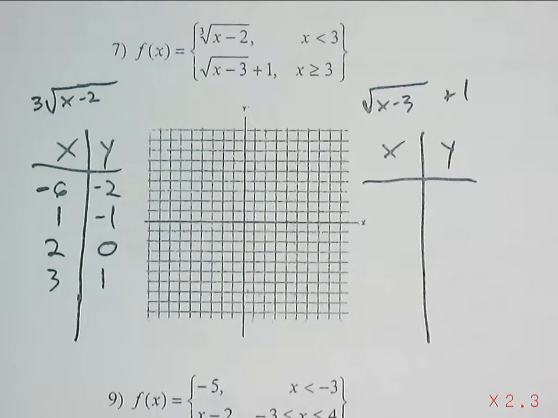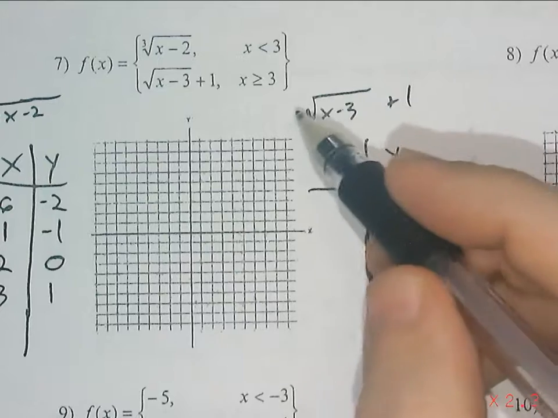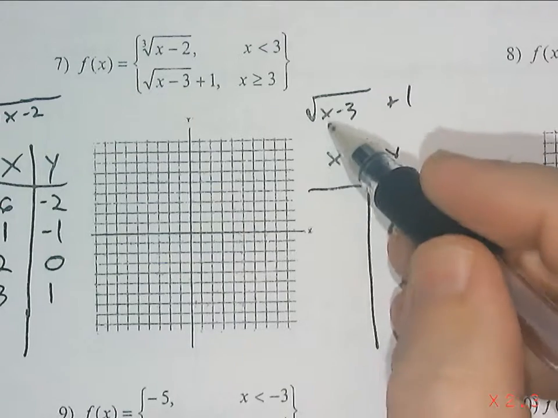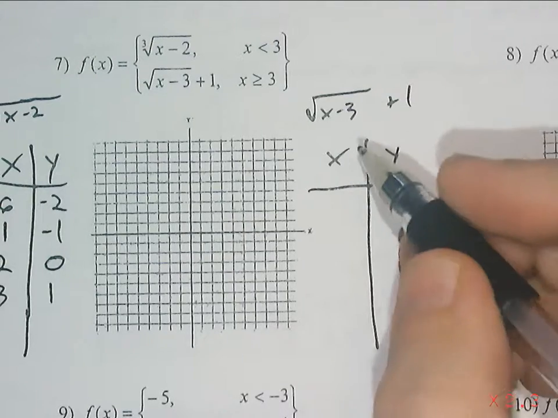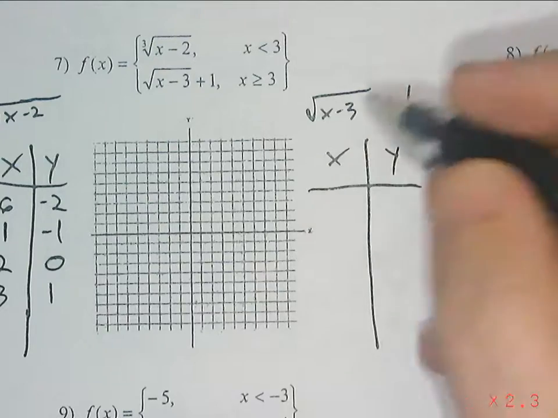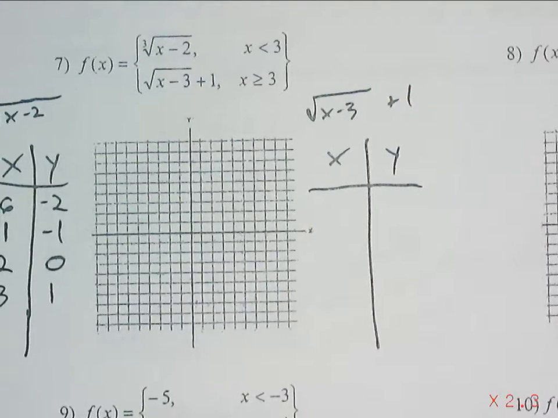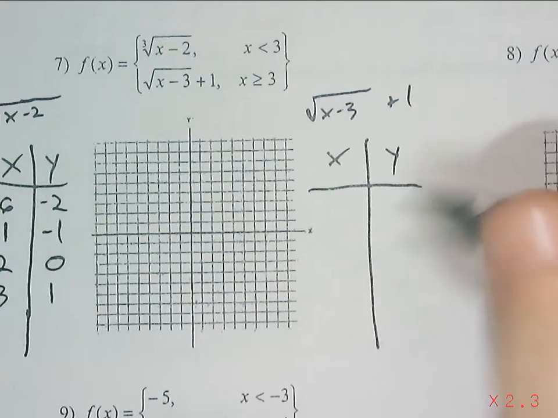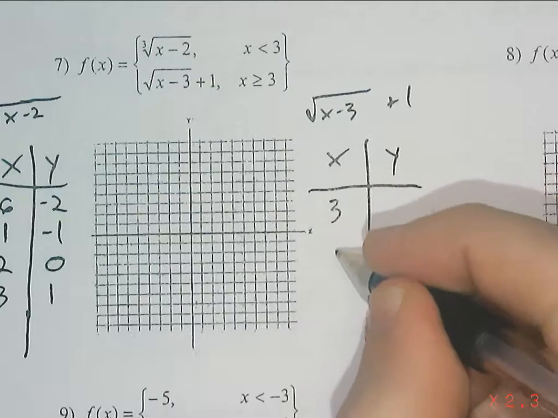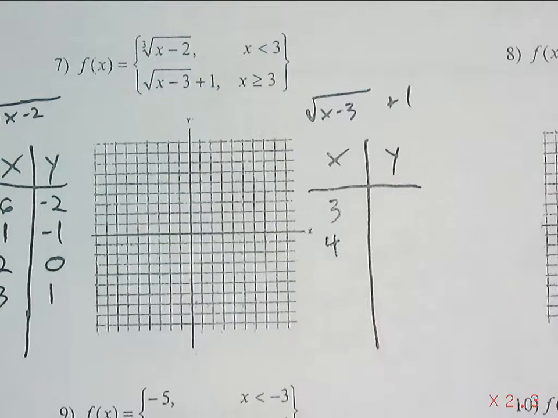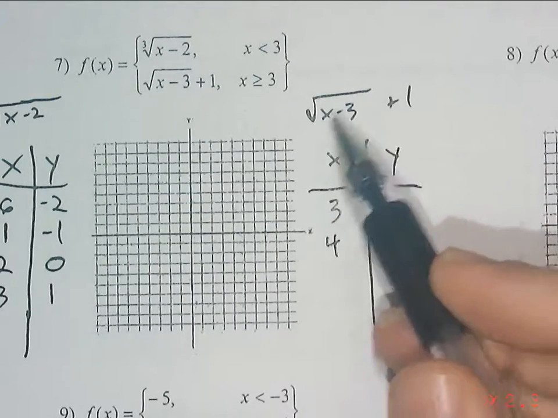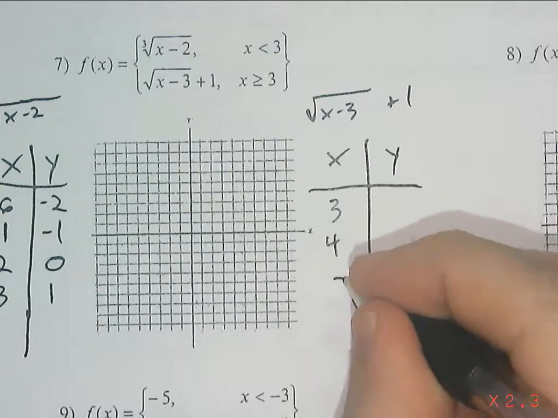Then we're going to come over here and do the square root. So it would have to go up 3 on the x's. So again, with square roots, I used 0, 1, and 4. So this time I'm going to use 3, 4, and 7.